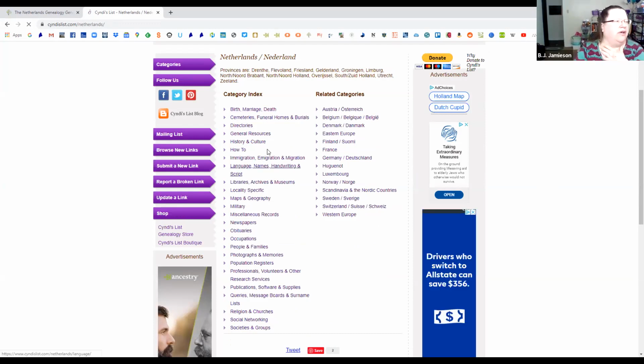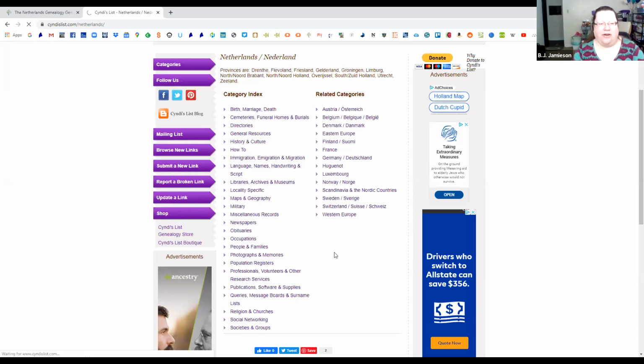But again, you have language, names, handwriting, and script, libraries and archives, maps and geography. Are there better maps than what we looked at on Wikipedia that really break down the way the Ordnance Survey does in the UK or the USGS does in the US? Information about births, marriages, and deaths.